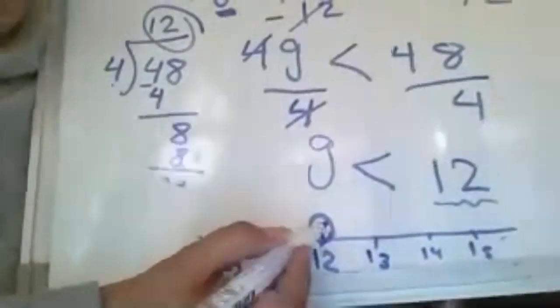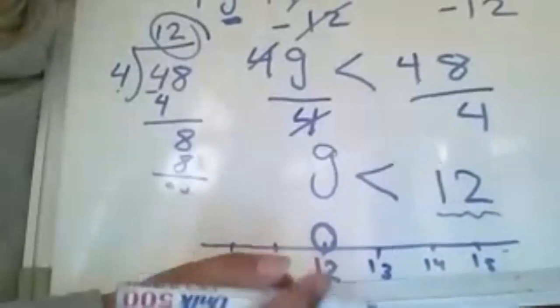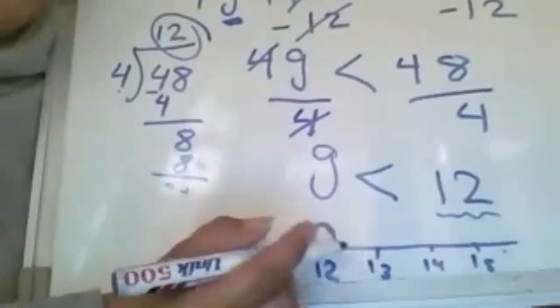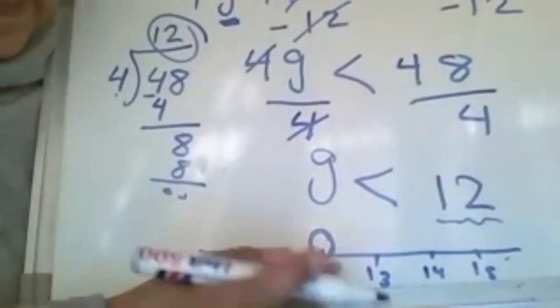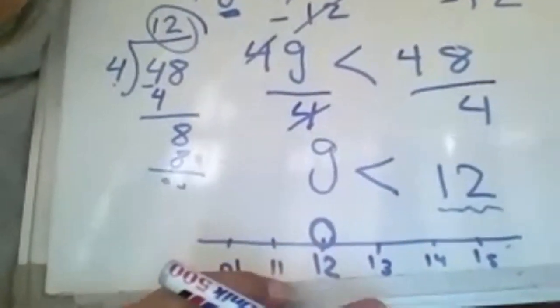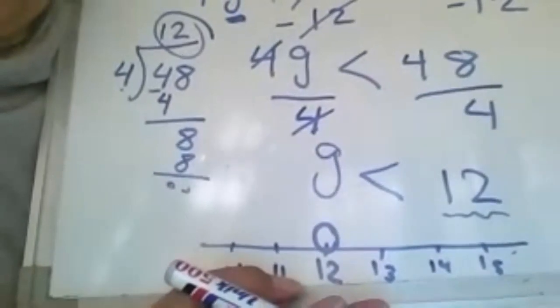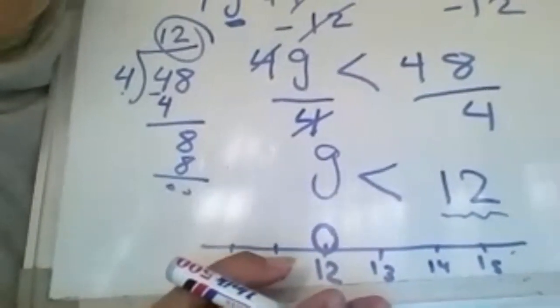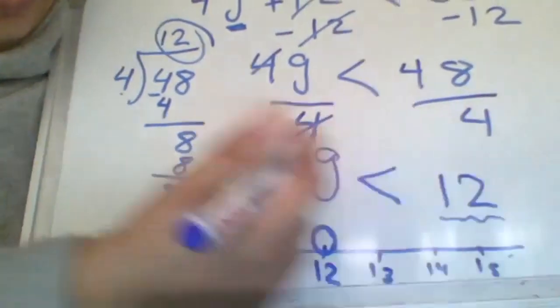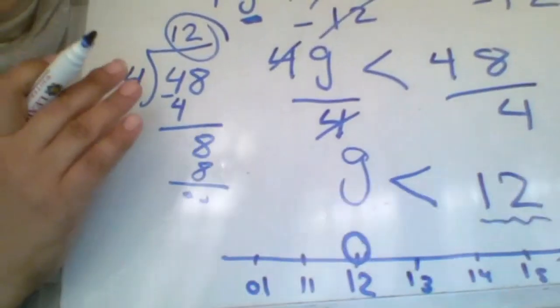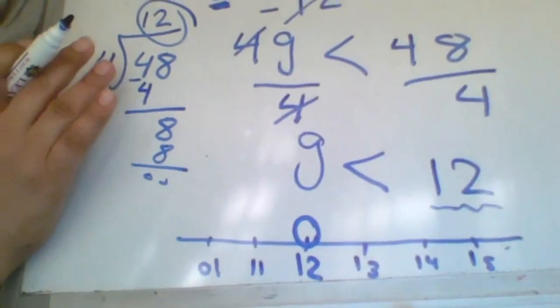Now, I'm going to shade 12 or keep it empty. I will shade it, yes or no? No. Empty. It will be a blank circle, right? So we will move to the right or to the left. It depends on what, Yusuf?